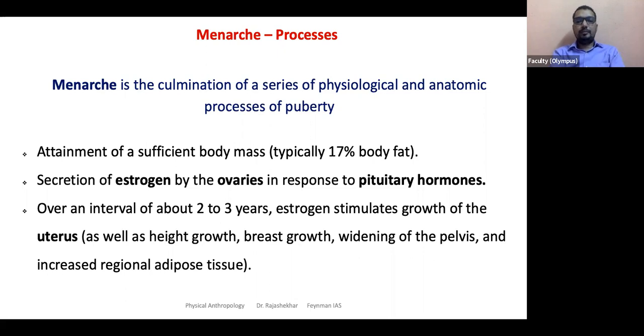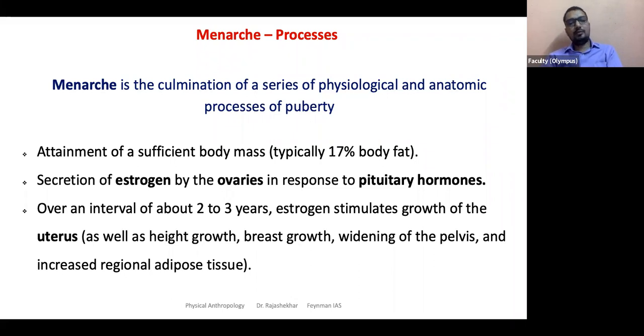Similarly here, pituitary hormones regulate estrogen production. And what does estrogen do? Ovaries, the key reproductive organs of women, release estrogen, one of the hormones. Several other hormones are there, but estrogen is the key hormone.